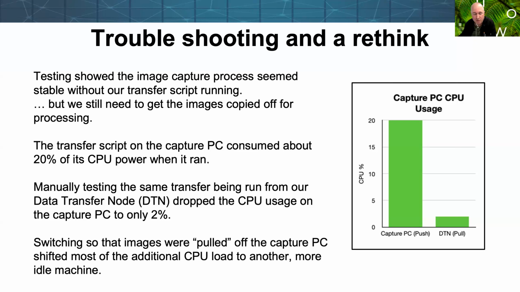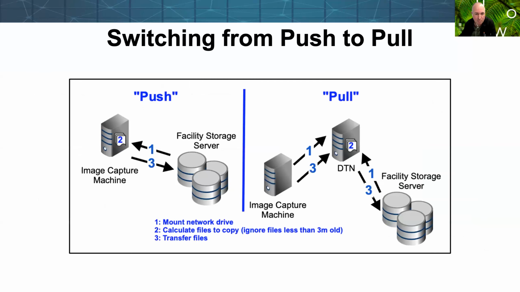So we switched things around to what we called a pull rather than a push. The bit on the left was how things were, and this is what we were testing. It did mean a few little changes in terms of mapping network drives.